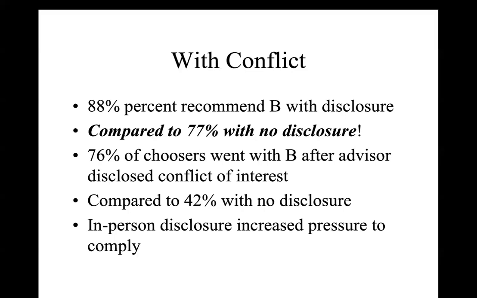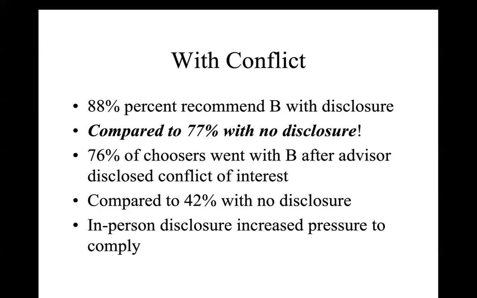It makes sense. Let's introduce the conflict though, right? The disclosure that we went over a couple of slides ago. With conflict, 88% of the advisors recommend B with disclosure. So our first issue here is with disclosure, the advisor felt comfortable making a suboptimal recommendation.